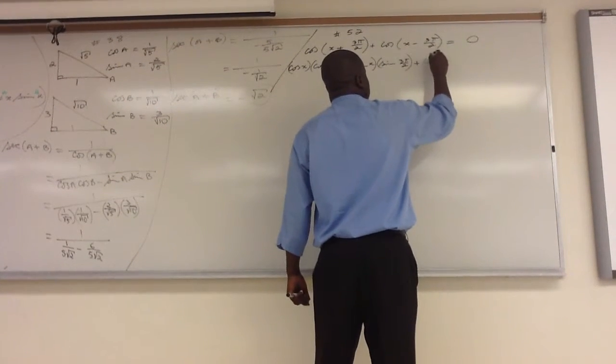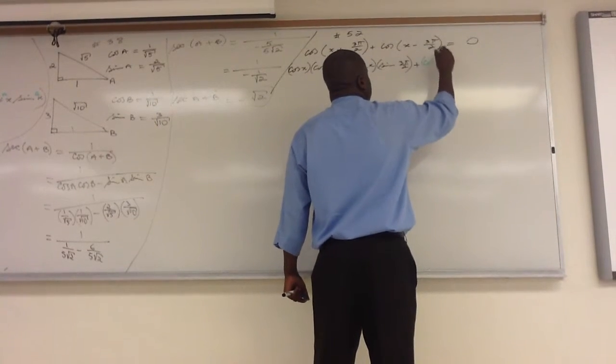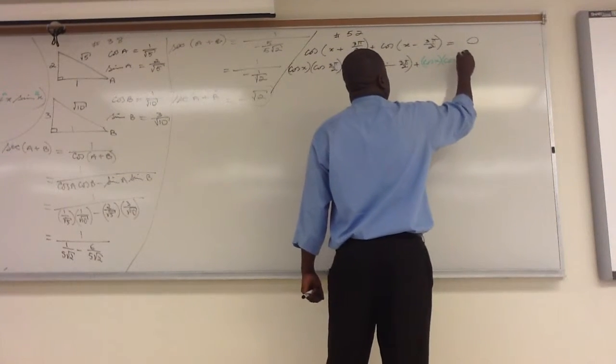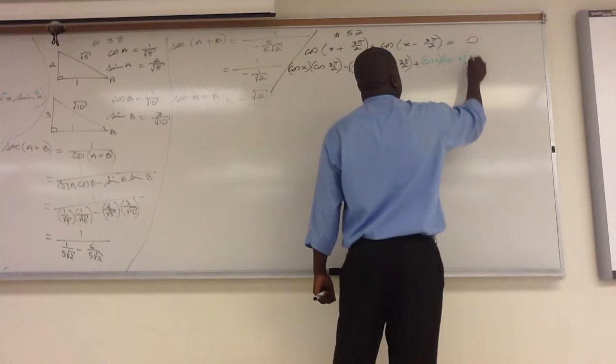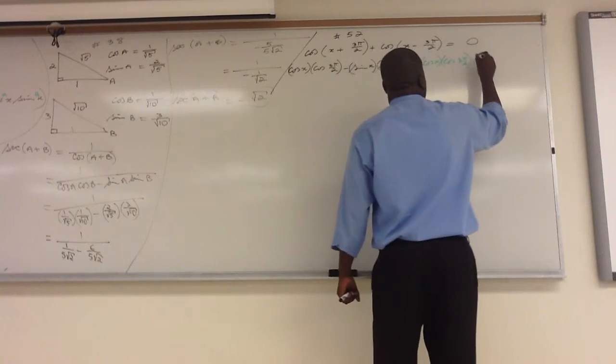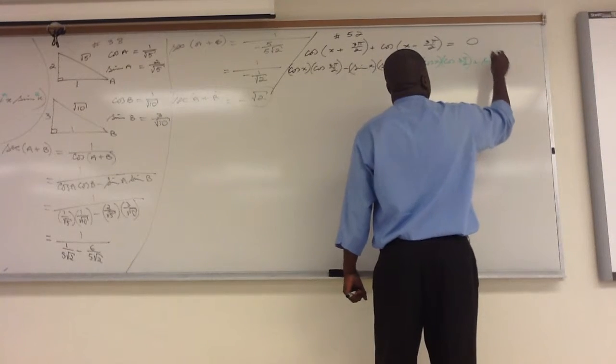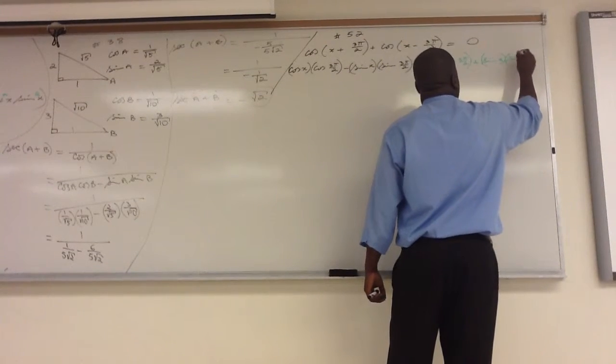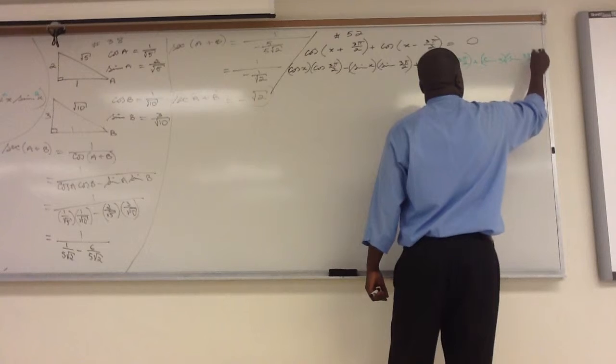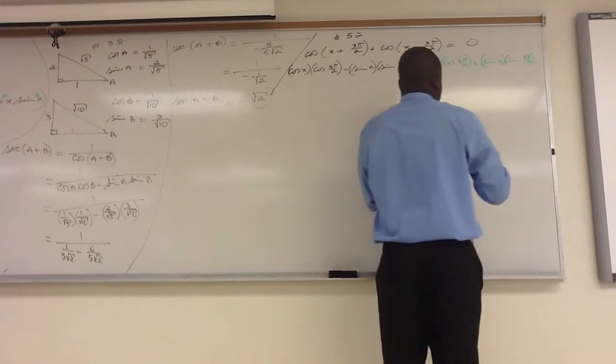So this is cosine of x, cosine of 3 pi over 2, plus sine of x and sine of 3 pi over 2. We want that to equal 0.